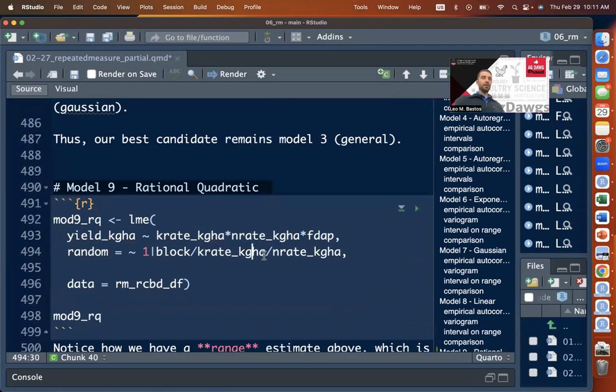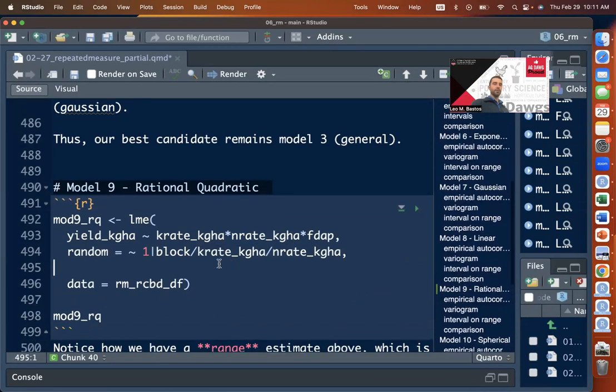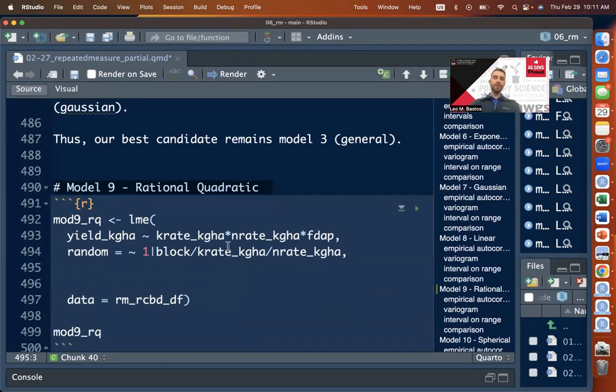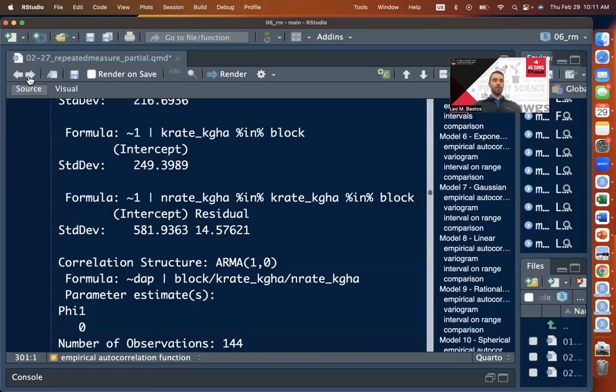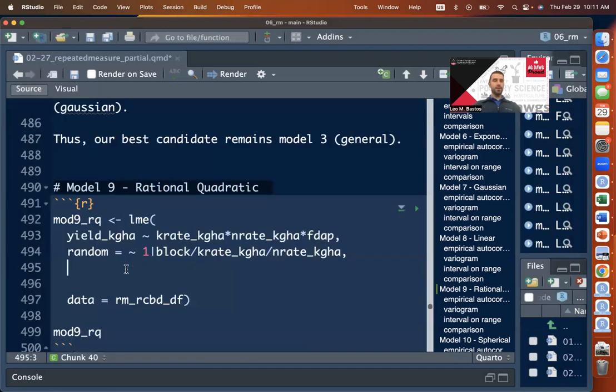And then the next one here, and I think the last, no, we have two more. So the next one is the rational quadratic. Again, just to show you the plots, this is what it looks like. It's actually very similar in shape to the Gaussian, but slightly differently parameterized.